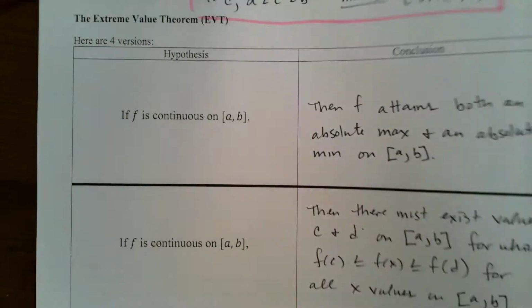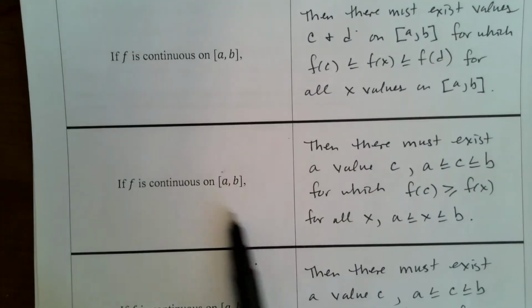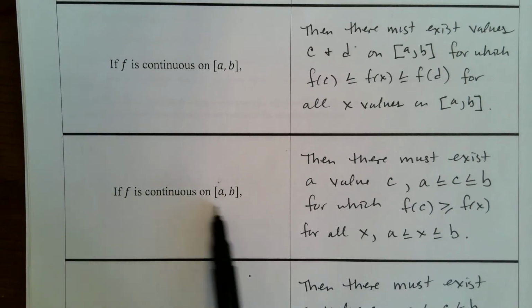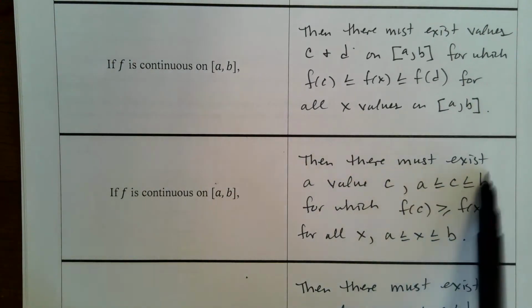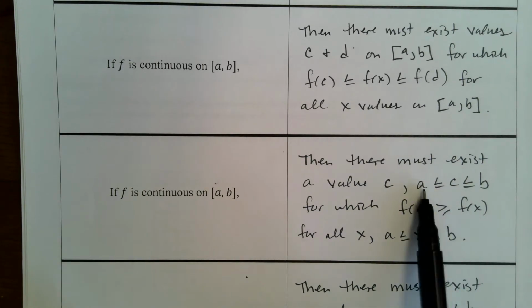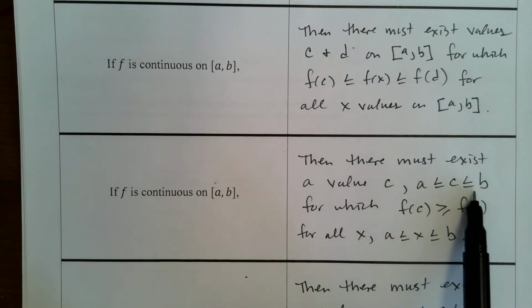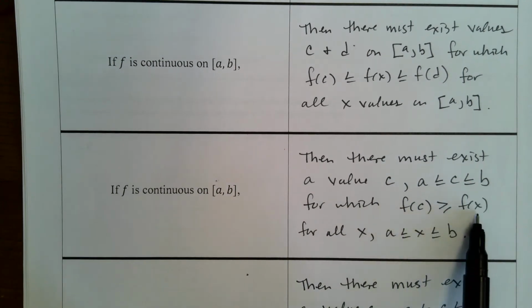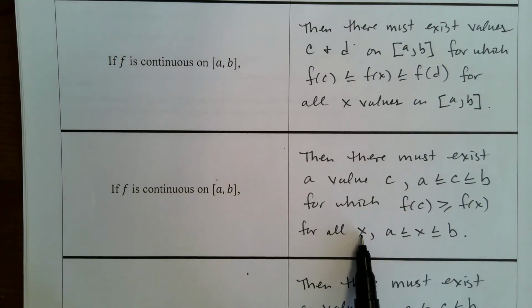All right. Sometimes the extreme value theorem is just going to tell you about a max or a min. So if f is continuous on AB, then there must exist a value C between A and B, it could be A and B because it's less than or equal to, for which f of C is greater than or equal to f of x for all other x's that are also on that interval.